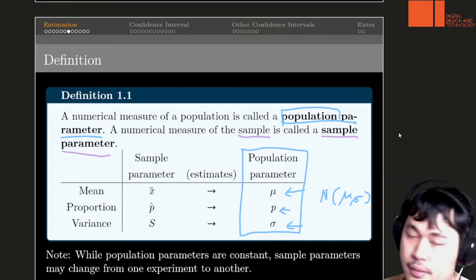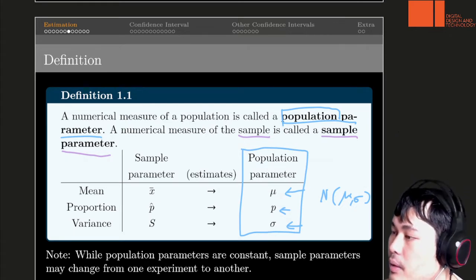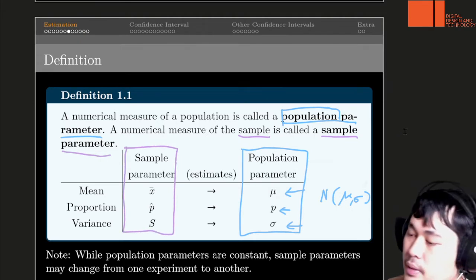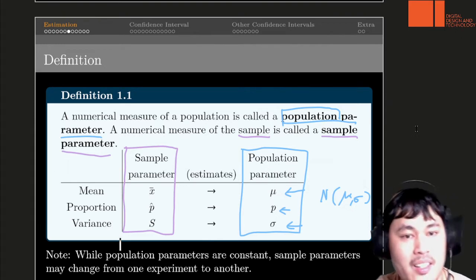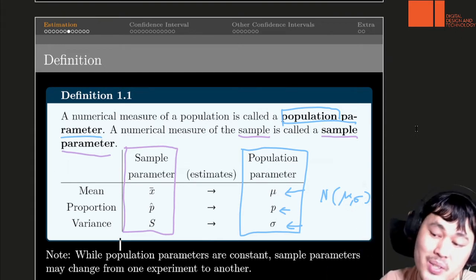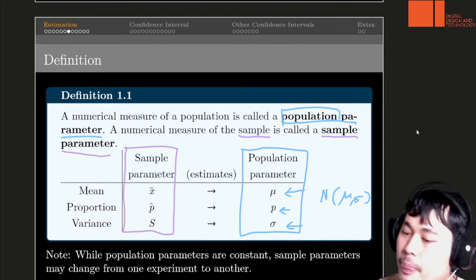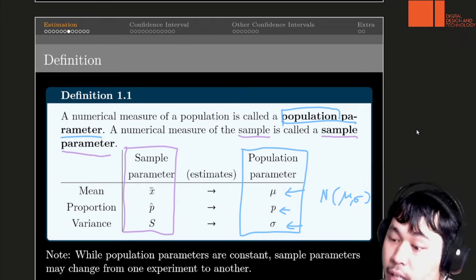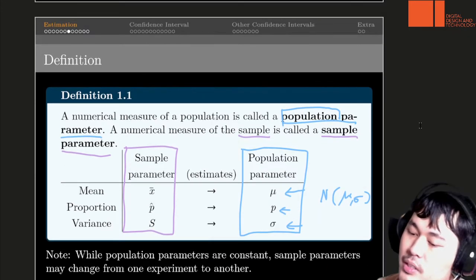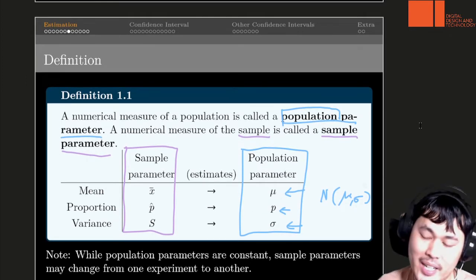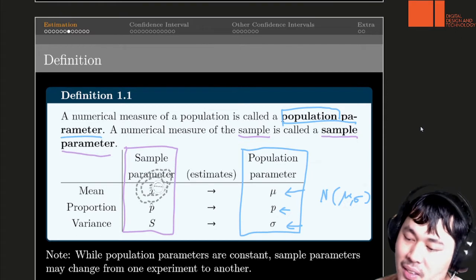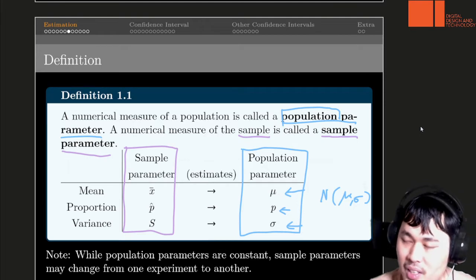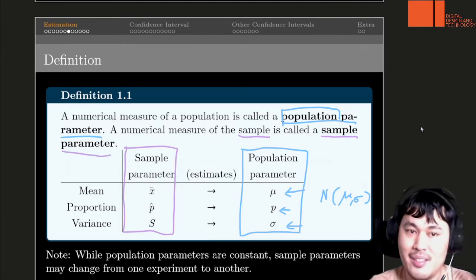So these are the parameters that we use for the population. But once we take just a small bit of samples, we change the notation a little bit again to make sure that these two concepts are separate. For the mean, instead of using mu to represent the whole population, we use x bar. And usually in textbooks, I will try to make sure that I denote it or also write it as the sample mean, not just give you a random notation and expect you to know which is which.